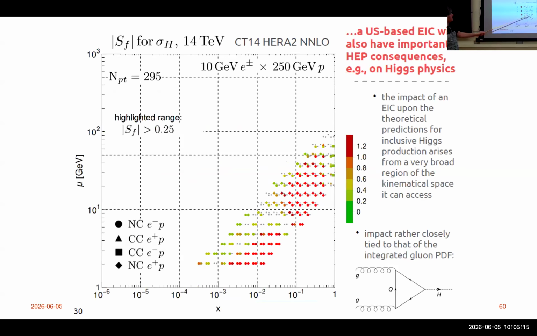And not just at very large momentum fractions, but also at smaller momentum fractions that are of interest for Higgs production. Higgs production will probe gluons at smaller typical x values that will be accessible at the EIC. Because the gluon is constrained by the momentum sum rule, if you can measure the violation of Bjorken scaling very precisely at the EIC, you will constrain the gluon for Higgs production at the LHC.